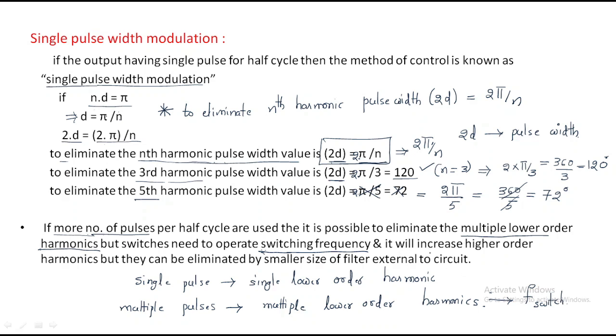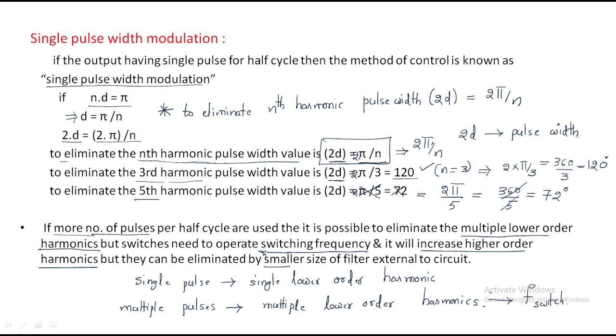For that, it will increase the higher order harmonics. Whenever we are focusing on the lower order harmonics, there is a chance of increasing the higher order harmonics. Higher order means 11, 13, like that. But we can eliminate these using a smaller size of filter.